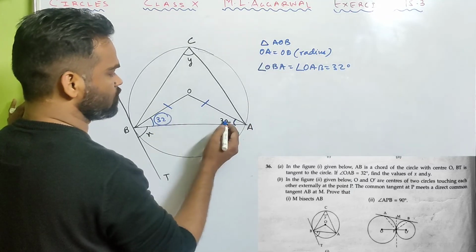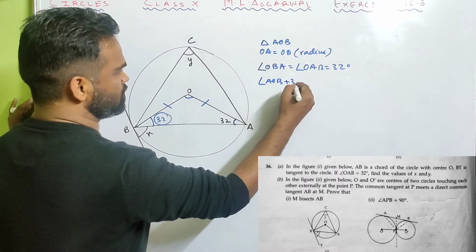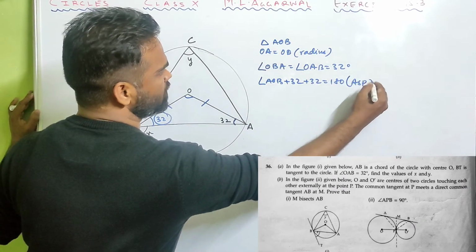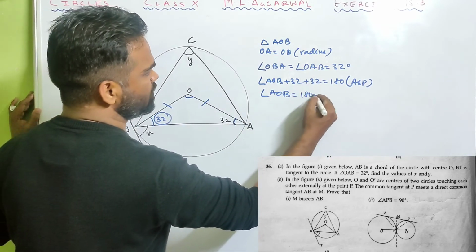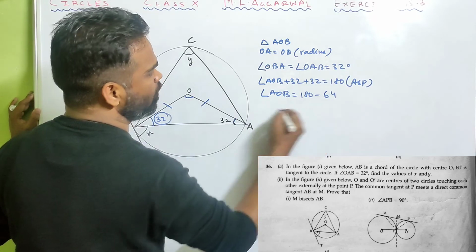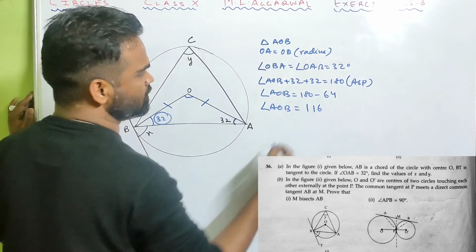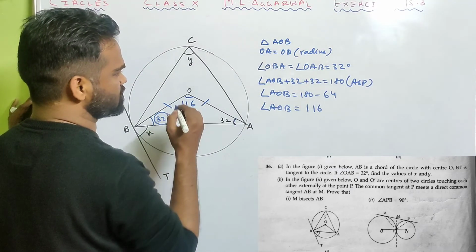Now, this is 32, this is 32. So angle AOB plus 64 equals 180, angle sum property. So angle AOB is equal to 180 minus 64, so angle AOB is equal to 116. Am I correct? Yeah. So this is 116.